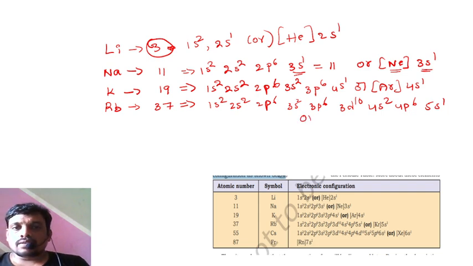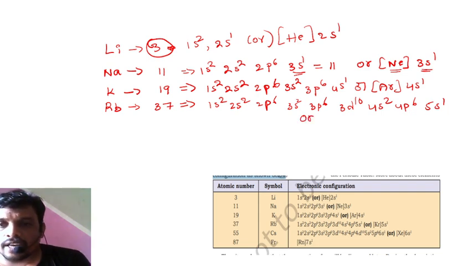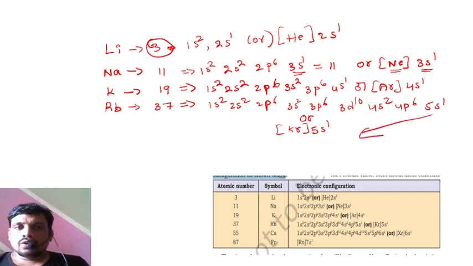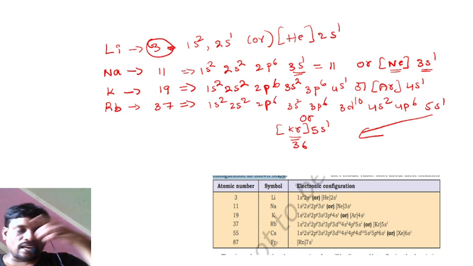So this one also can be mentioned along with the previous series element, that is krypton, and 5s1 will automatically be reflected here. So atomic number of krypton is 36 plus 5s1, which means 37 total electrons that are filled here.